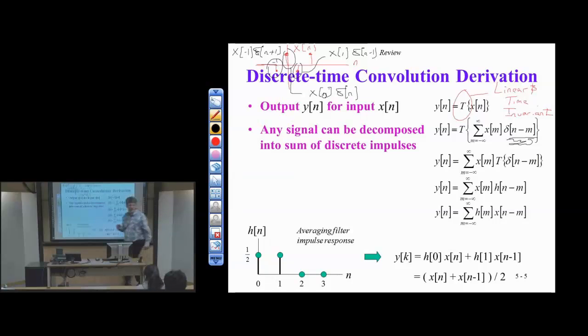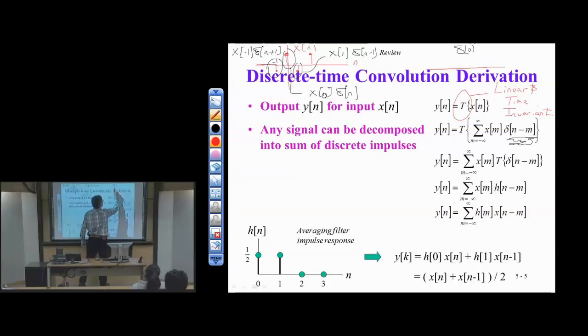Go ahead. So in this situation, you're just convolving your signal with the delta function. There's no convolution here. This is just a product. Okay. Remember, the discrete time impulse is well behaved at the origin. Remember, there's my discrete time impulse.